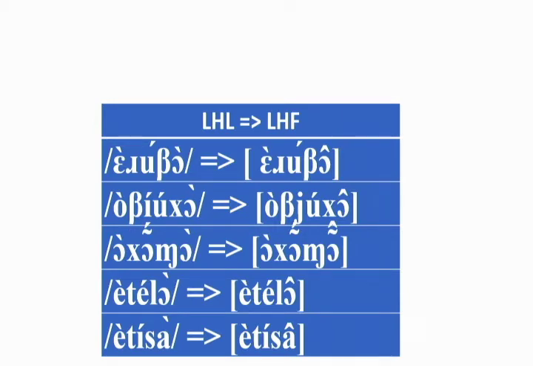Then we have the low, high, low becoming low, high, falling, as you have it in Eruwo, Oyuko, Etelo, Etisa.